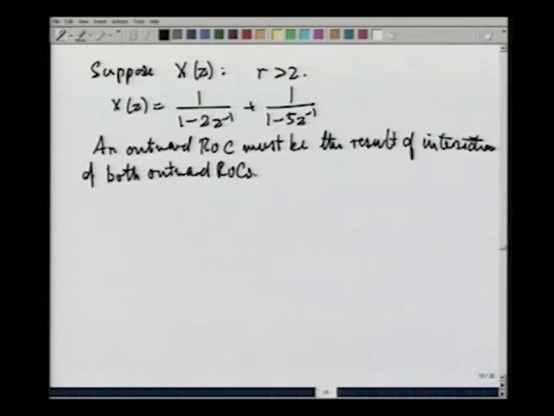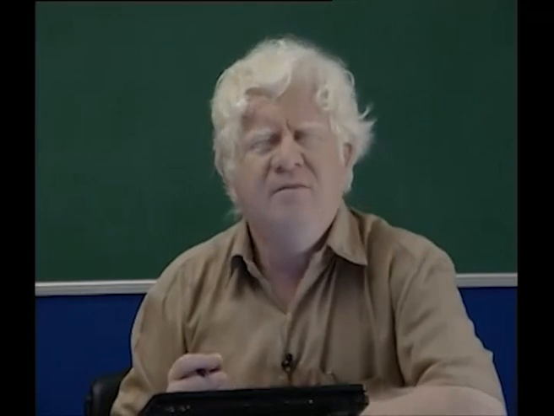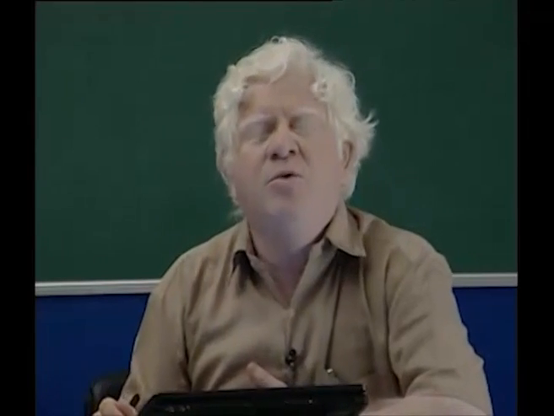But if you produce an outward ROC from the first term X1 of z, that will be outward from 2. The second term will produce an ROC which is outward from 5, and the intersection of these two will only be outward from 5. It will not be outward from 2. Hence, this specification is incorrect. There can be no signal x n which has this given X z as the algebraic expression and an outward ROC starting from 2.